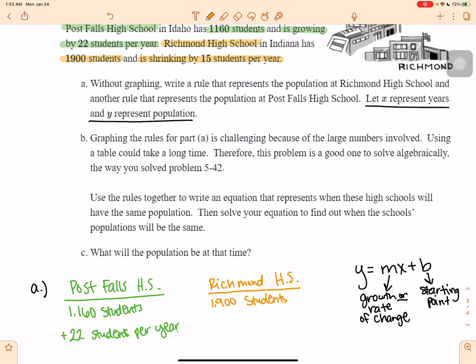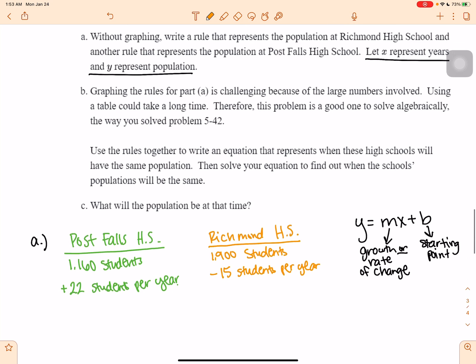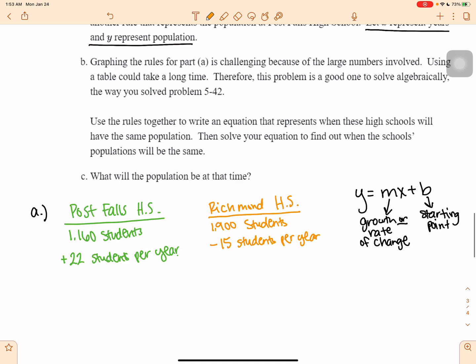So will I write plus or minus? This one, to decrease, it's minus 15 students per year. So now what we need to do for part A to finish it up, we have to write an equation for each of these. Y equals something, Y equals something. So using this knowledge off to the left or the right here, please try to write your own equations.